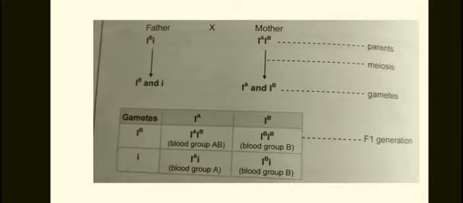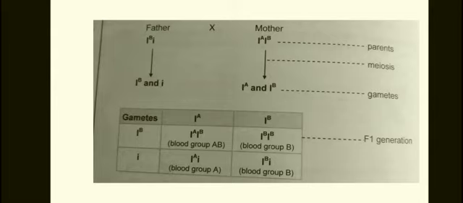So, I've got an example here. Let us say your father is blood group B, but he is heterozygous for that characteristic, okay? And your mother is AB, so those are the parents. So meiosis takes place and gametes are produced.